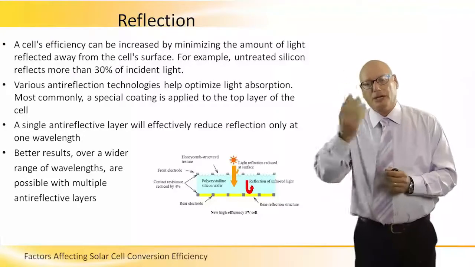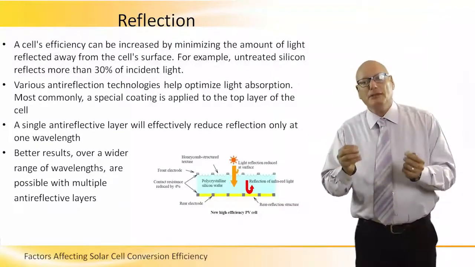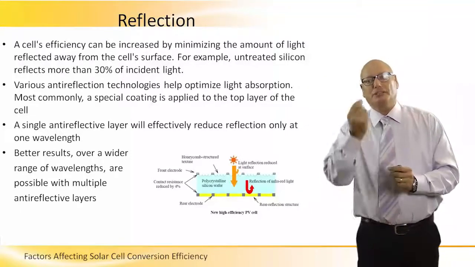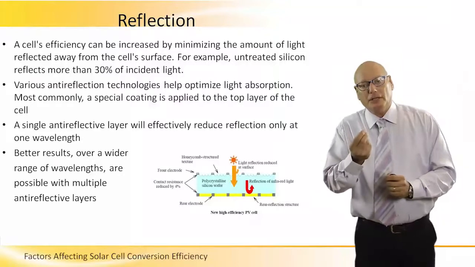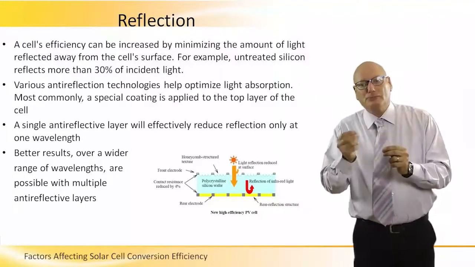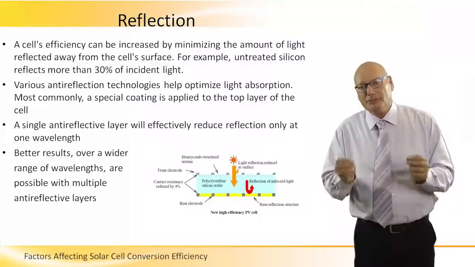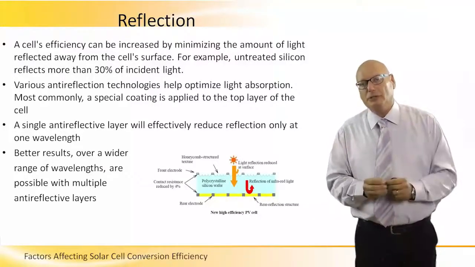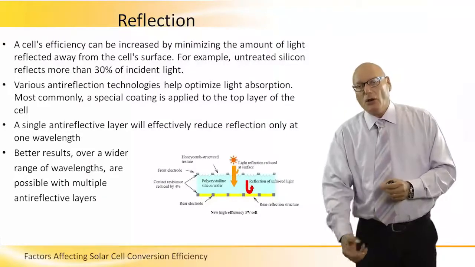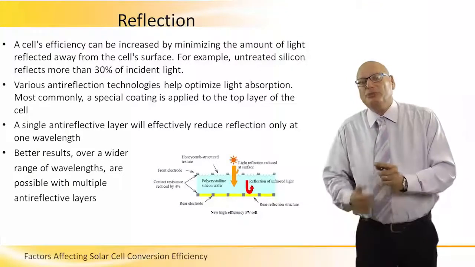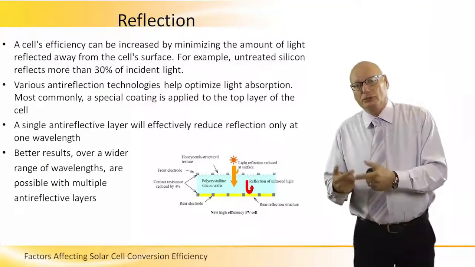A cell efficiency can be increased by minimizing the amount of light reflected away from the cell surface. For example, untreated silicon reflects more than 30% of the incident light. 30% of the incident light is a lot. It means that if 100% goes in, only 70% have the potential of being converted to electricity.